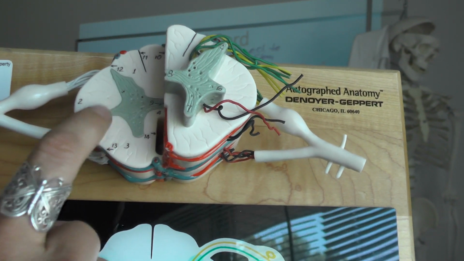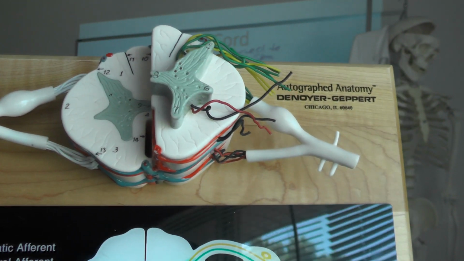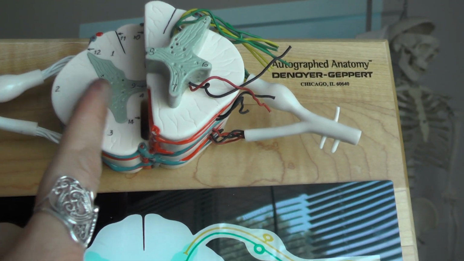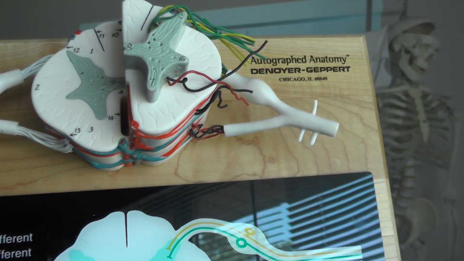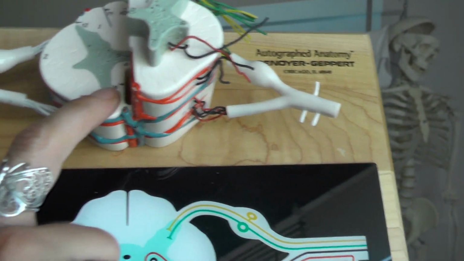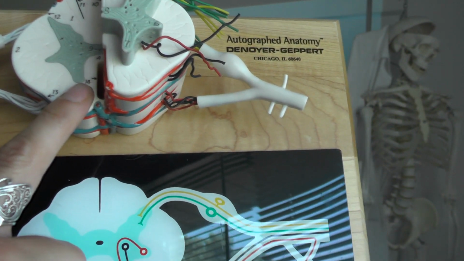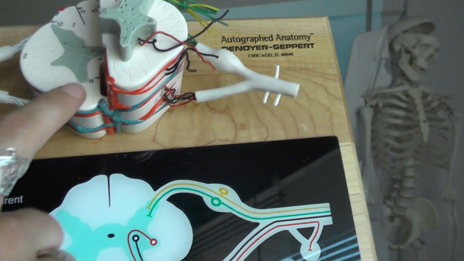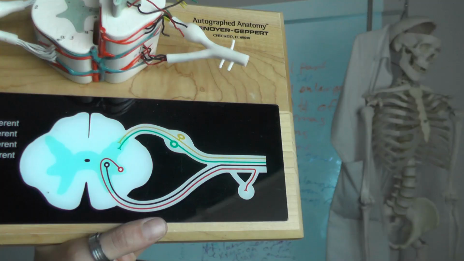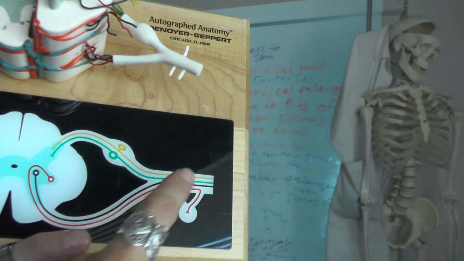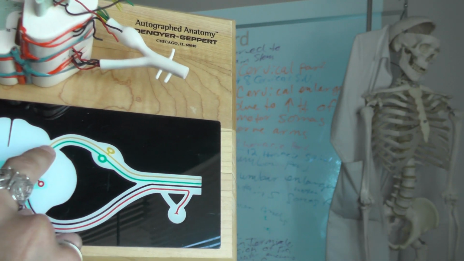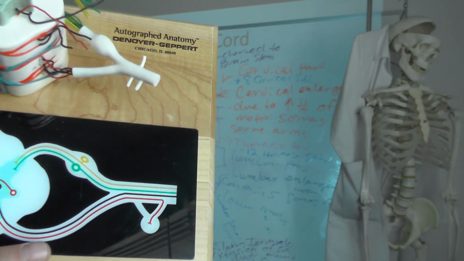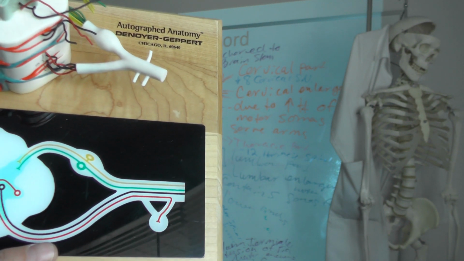Then here, our lateral horns have autonomic motor cell bodies that we'll see going out through our thoracic nerves to control all of your viscera. And then your somatic motor cell bodies, which is what you control. So what we see is that we have general sensory information coming along this posterior aspect and synapsing in those posterior horns.